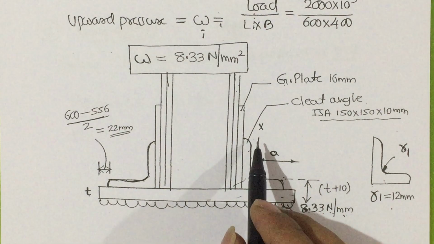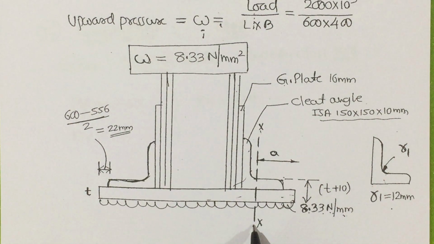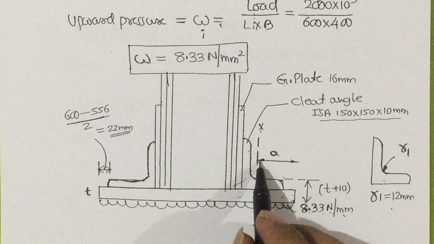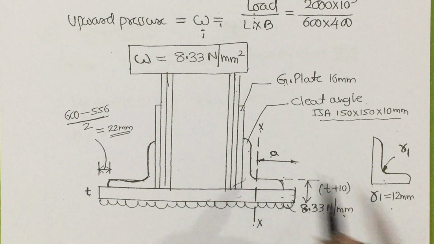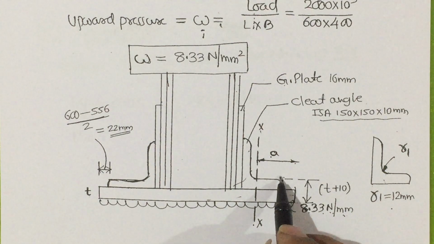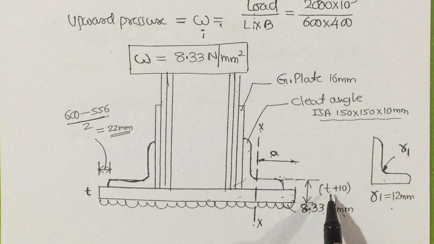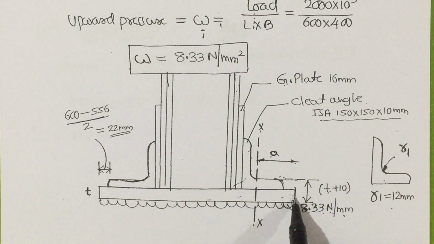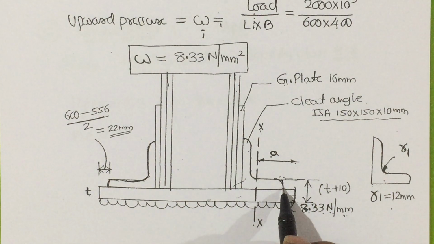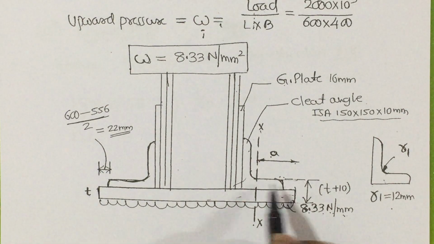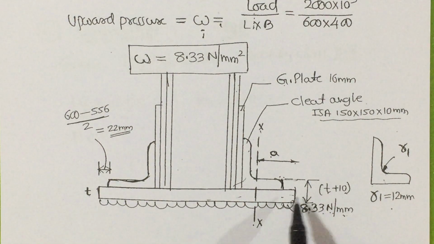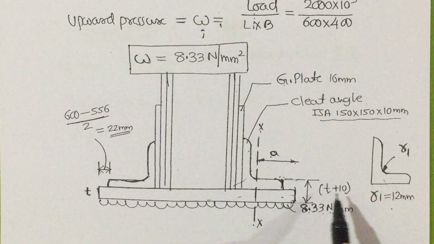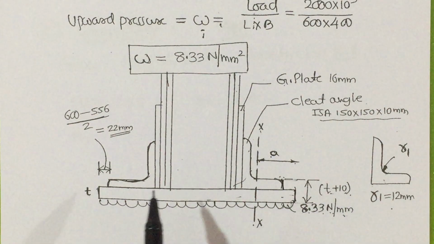Then let us take the XX axis. From here up to the extreme edge, let the width be A. Then from the bottom up to this leg top, this is the thickness, this will be the thickness plus this angle thickness, which is 10 mm. So, the thickness of this base plate plus the thickness of this leg angle, T plus 10.